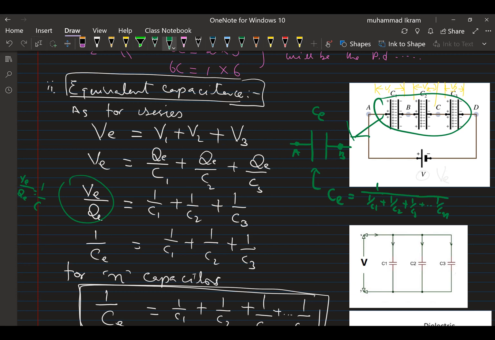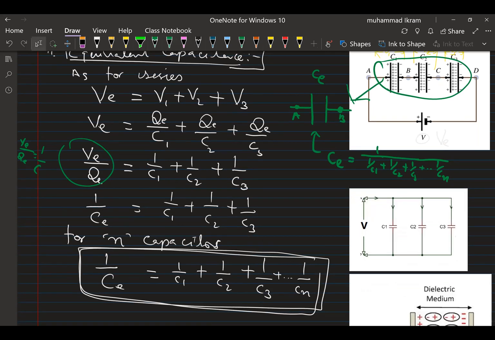And there is an important result: the equivalent capacitance is smaller than the smallest capacitance in the combination.